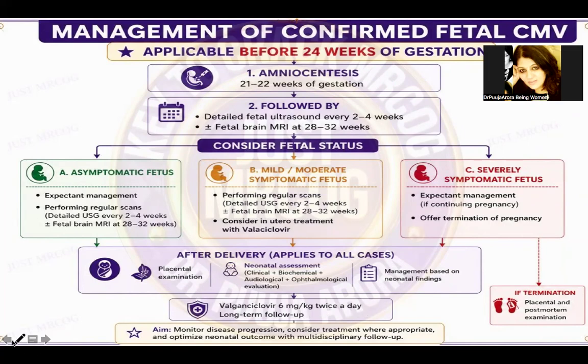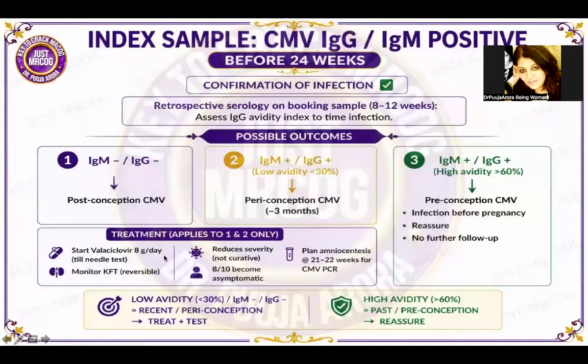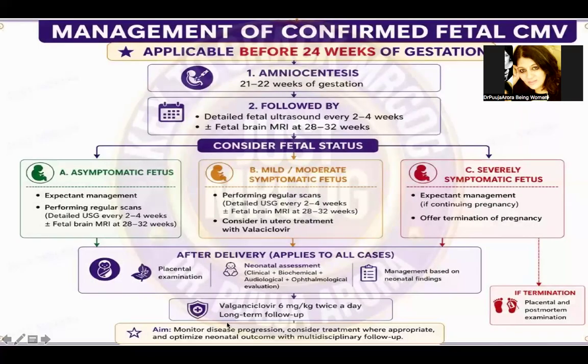Here it was 8 gram per day. And here it is 6 milligram per kg twice a day and long-term follow-up. So what is our aim? Monitor disease progression, consider treatment when appropriate, optimize neonatal outcome.